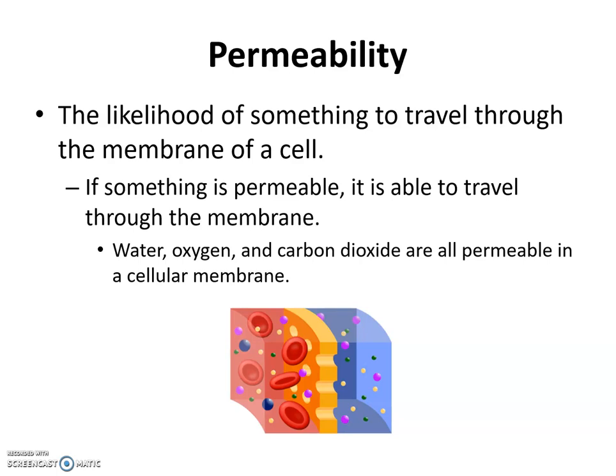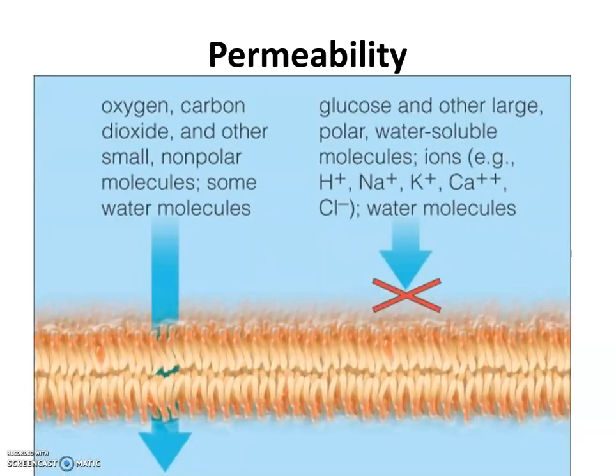But other things that are too big or charged, meaning they carry a positive or negative charge, the cell wants a little more control over, so that the cell remains stable and maintains the homeostasis we talked about earlier. Things that are allowed to go through for free include oxygen, carbon dioxide, small molecules, ones that don't carry a charge, and in some cases water molecules.